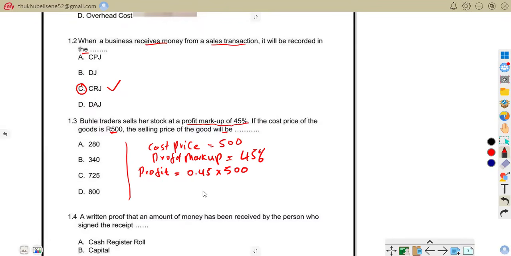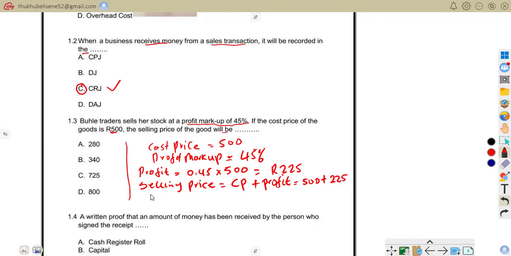So you know 500 was the cost price. So this will be equal to 225. Now we are going to say selling price is equal to cost price, CP, plus profit, which is now going to equal 500 plus 225.